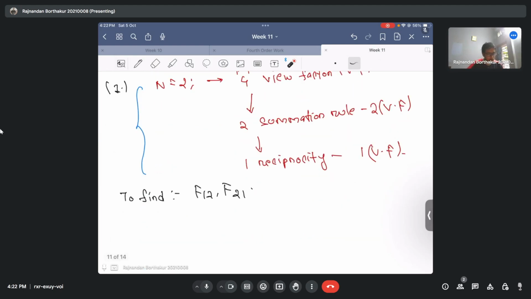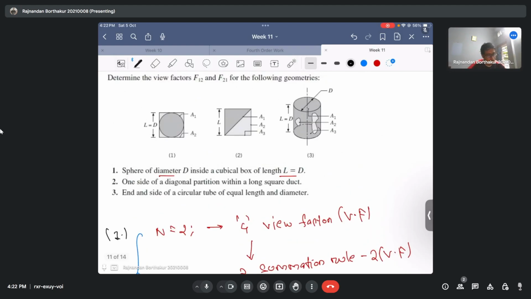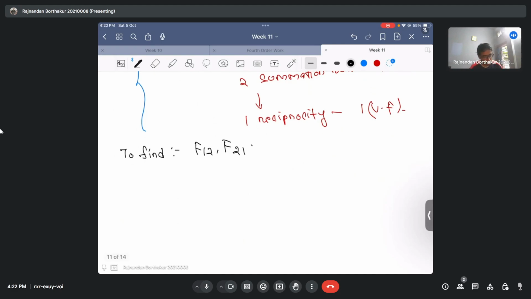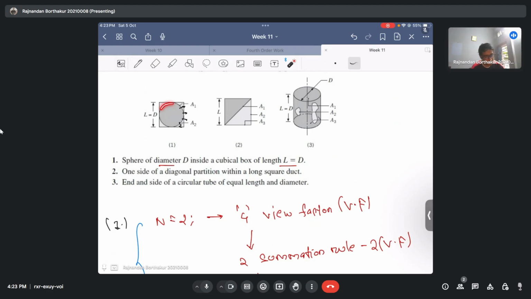As you can see, I'll tell you the answer. The sphere is radiating from its surface in this manner, which means if you ask me what this f12 is, it just means that whatever radiation is coming from surface 2 is intercepted by surface 1.